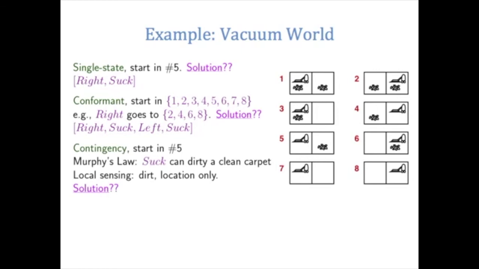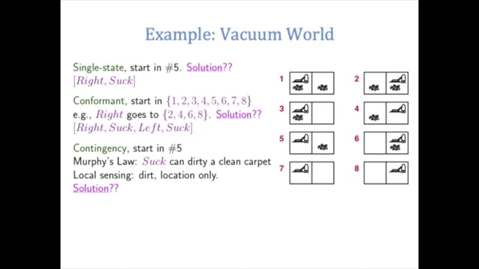What about a contingency? So let's say we started in number 5, but it's possible that if we have a clean carpet and we apply the suck operator, then we can make it even more dirty. So what we want is to have local sensing of dirt in this particular location only.